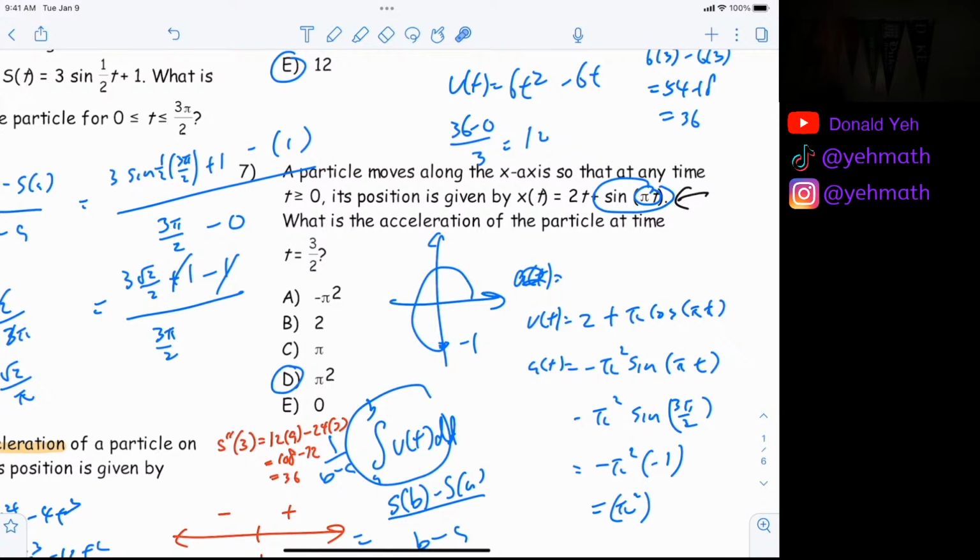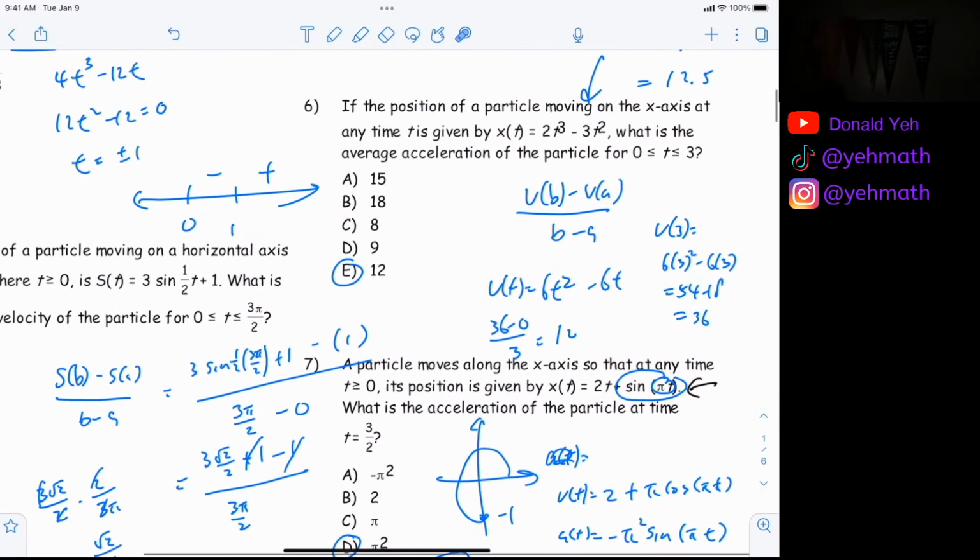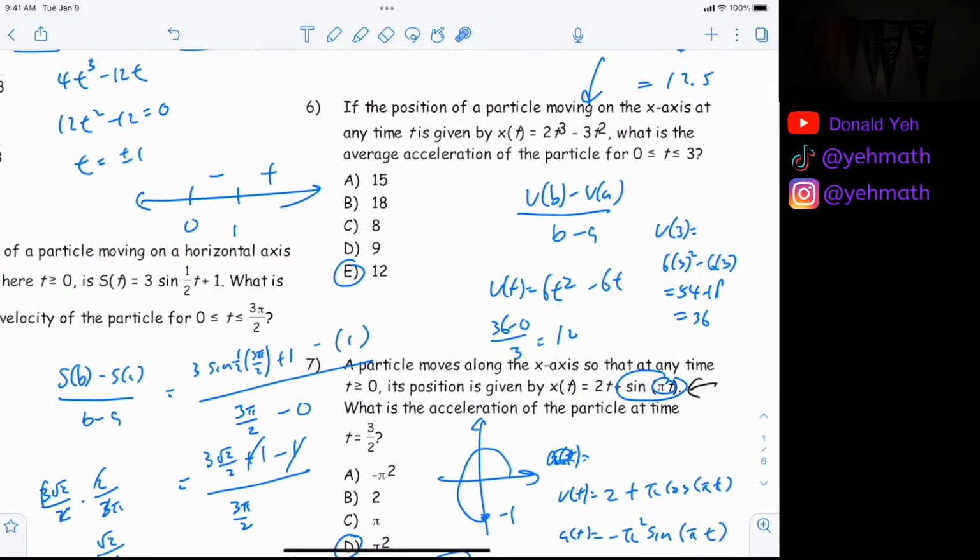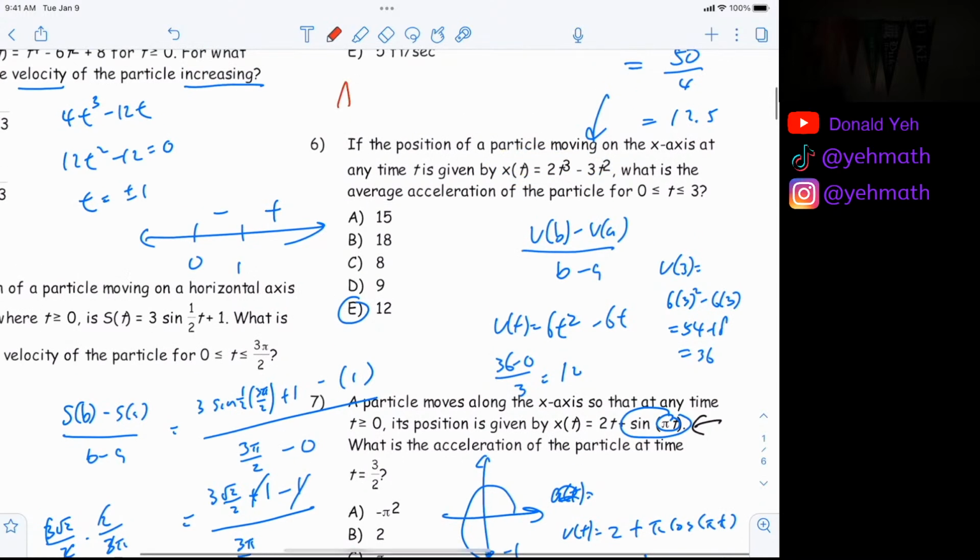Number 6, yeah. But if it's acceleration, don't you have to take the derivative of v of t? You do, and then you get average acceleration. But no, because you think about it this way: average velocity is changing position over changing time.